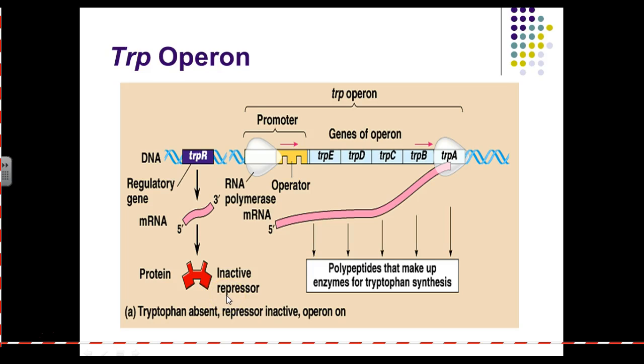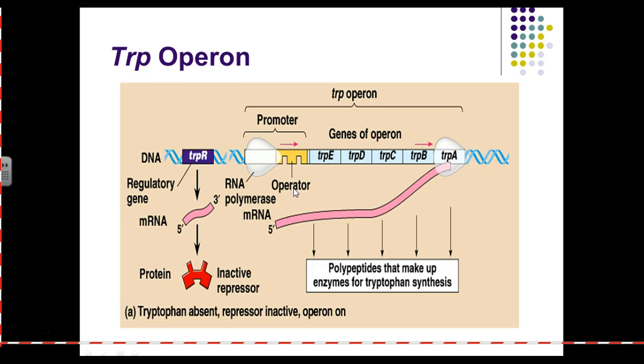Now, if you think about the word repress, to repress something is to turn it off and shut it down. So a repressor is always a protein that has the ability to turn off or shut down transcription of these 5 genes in the operon.